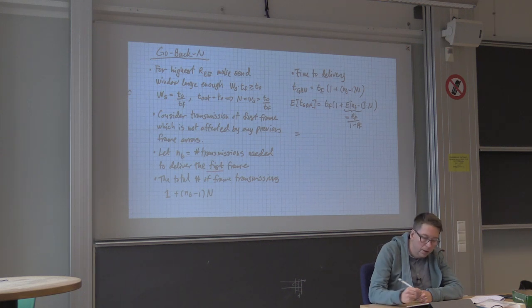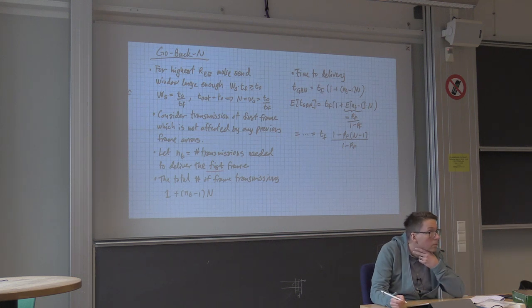And after some calculations, one can show, and I think you should do this at home to ensure yourself that you understand what's going on here, that the expected delivery time is TF times the ratio 1 minus PF plus PF times capital N, divided by 1 minus PF. It's just some simple algebra.